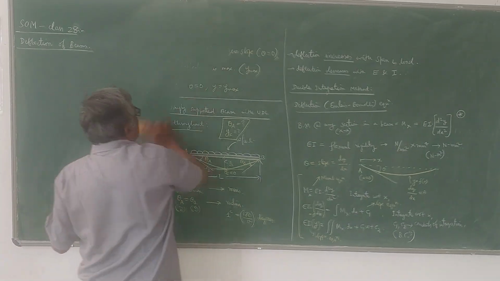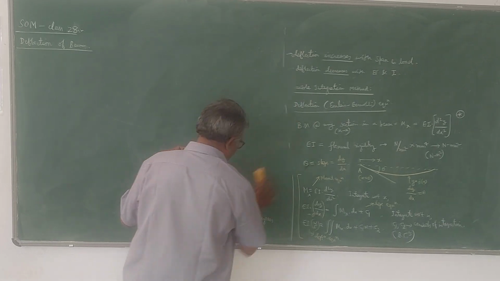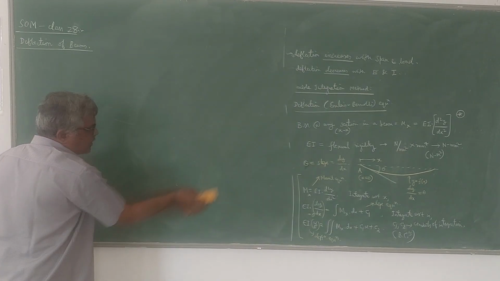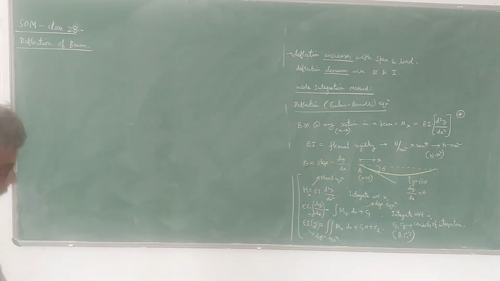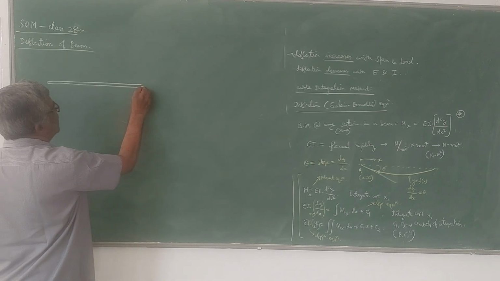Now let me take a section XX. I will draw the diagram once again, taking a simply supported beam with UDL.